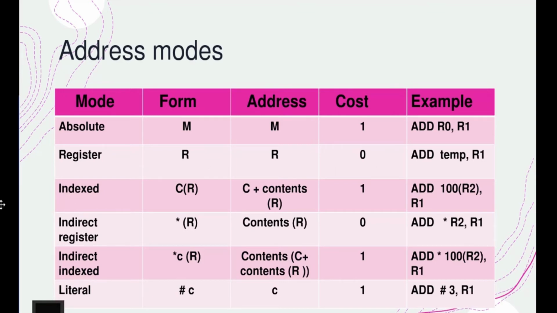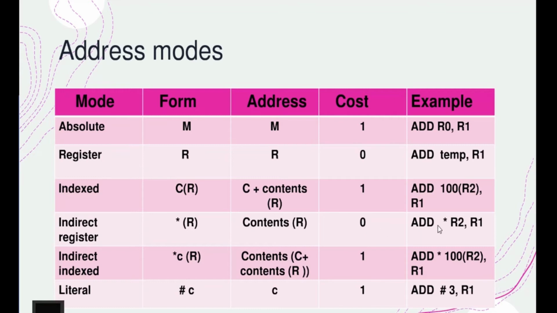Then for indexed addressing mode, it is of the form C of R. The address is C plus contents of R. The cost is 1, and the example is add 100 of R2, R1. This 100 is nothing but a constant value. For indirect register, it is of the form star R, and the address is contents of R. The cost for this is 0.